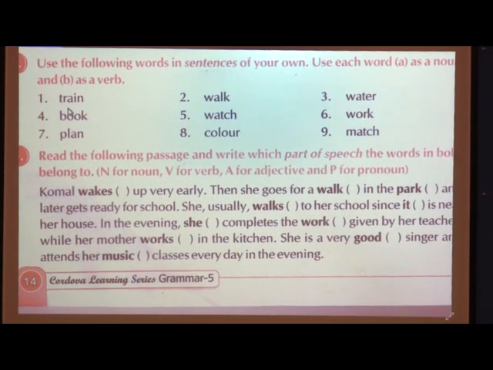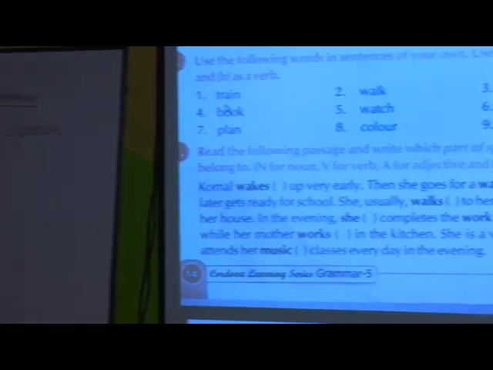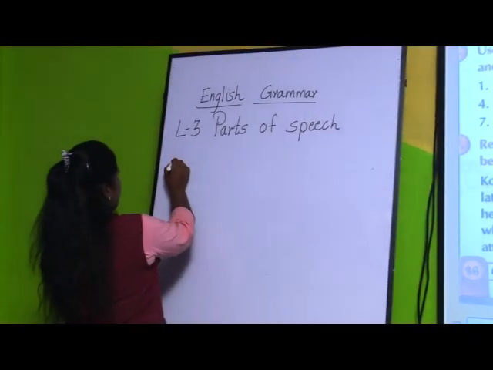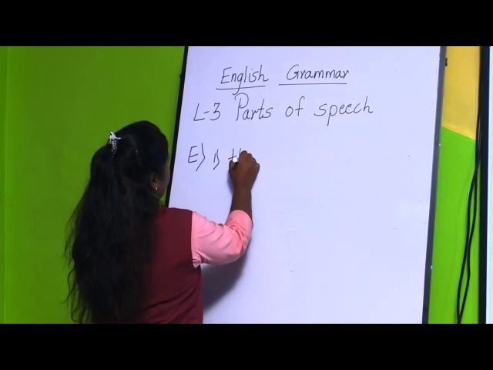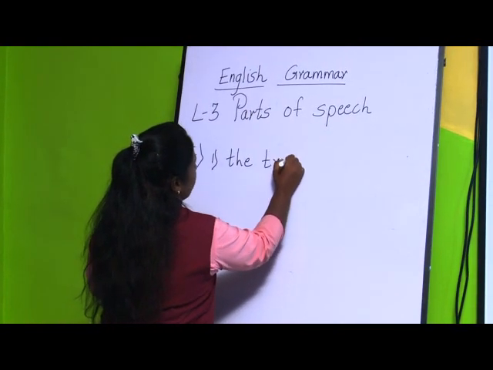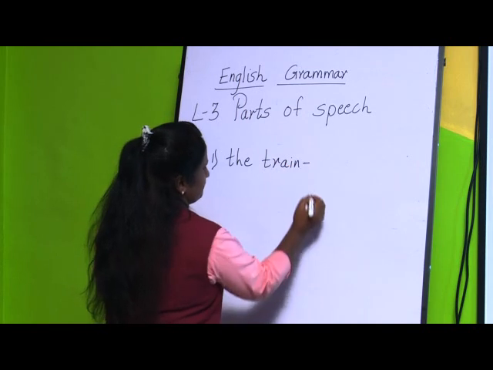Now this exercise is exercise E. If you take the first word, train, you can write this sentence as a noun.